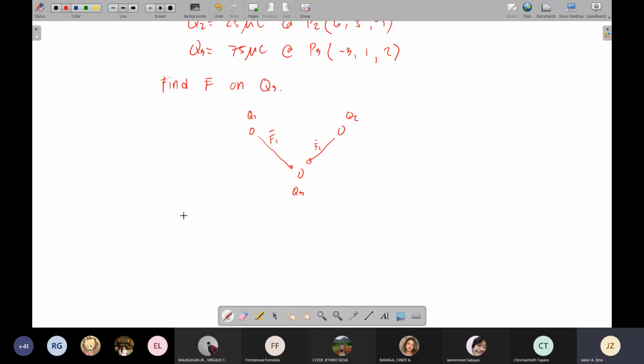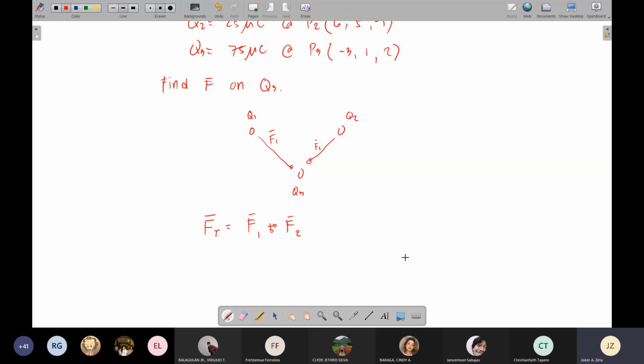Okay? Now, how to solve for this one? Since you have two forces, you have to solve for the total force. The force total would be, of course, force 1 added with force 2. But take note, these forces are vector forces. Therefore, when you add, you have to add vectorially.